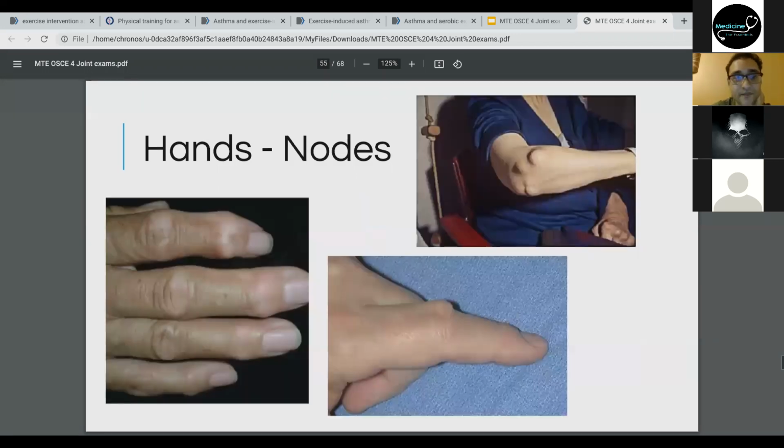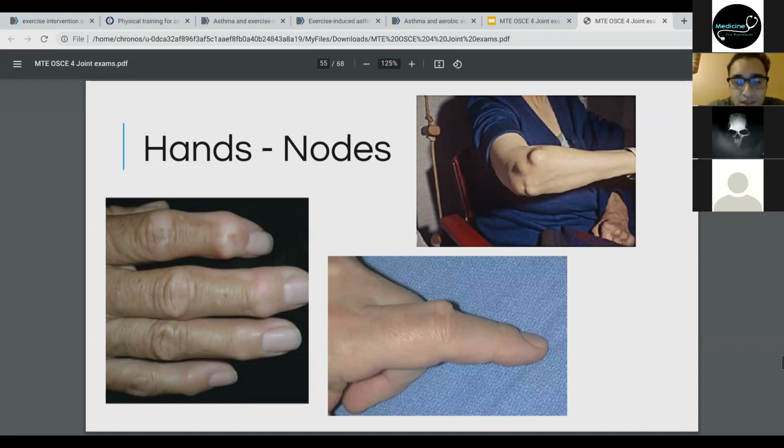And then, okay, can someone tell me the name of the lumps on the left in the black picture? We've got Heberden's nodes. Yep, those are in fact Heberden's nodes.